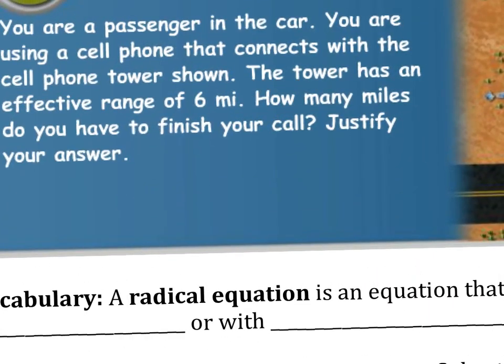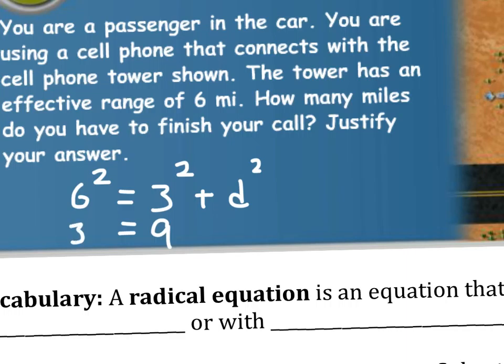So effectively, we can set this up using the Pythagorean theorem. 6 is my hypotenuse, so 6 squared equals 3 squared plus my unknown distance squared. As we set this up and solve it, I get 36 equals 9 plus d squared.